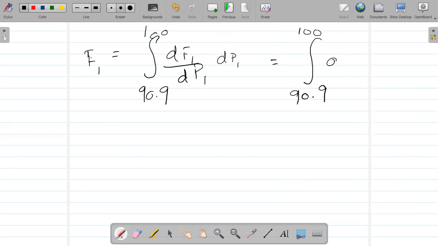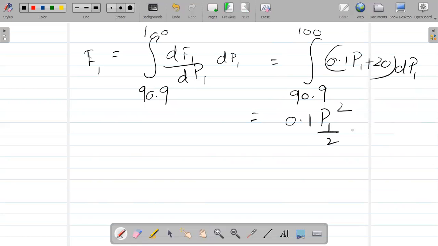Of 0.1 P1 plus 20 into dP1. So what is the integration of this? 0.1 P1 square by 2 plus 20 P1. What are the limits you have to apply? 90.9 and 100.